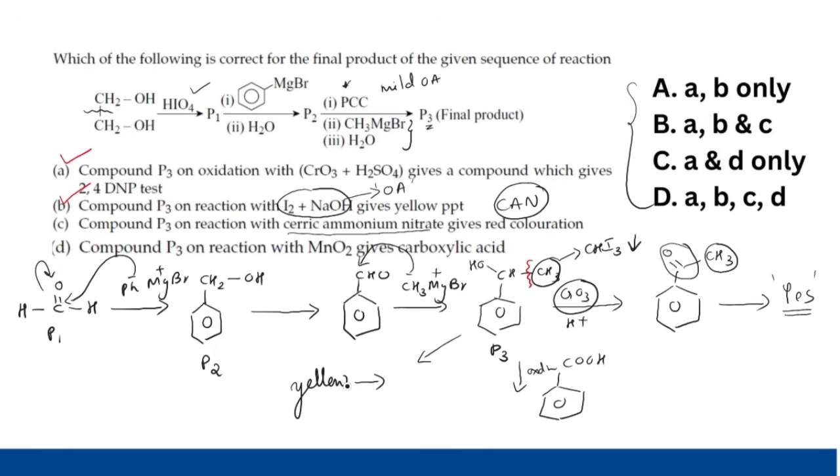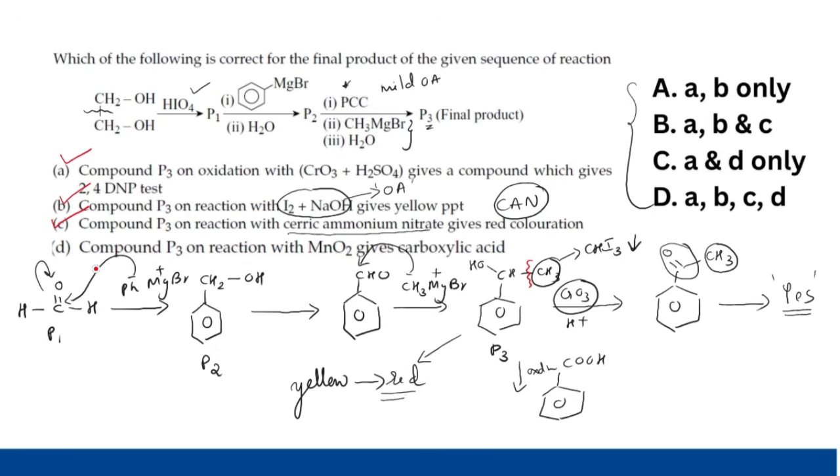The solution color will change from yellow to red or reddish brown. So what does that indicate? It is an oxidizing reagent converting a secondary alcohol to ketone and it changes the color of the solution. So that's why it can be used to test the presence of alcohols. Therefore, this will also hold good.